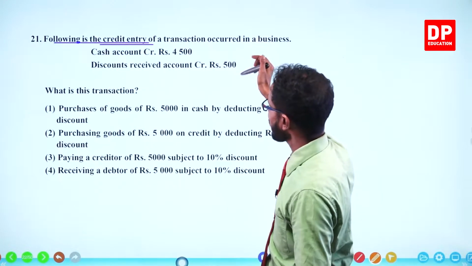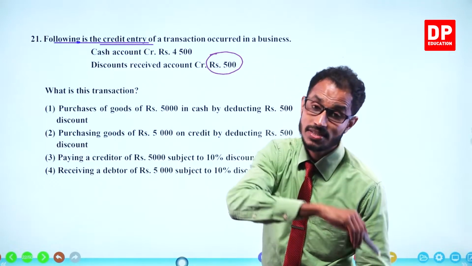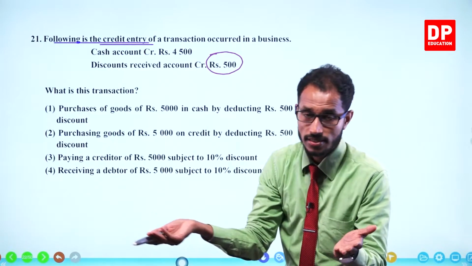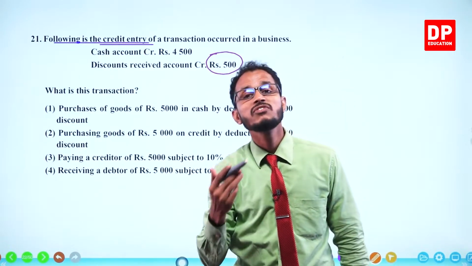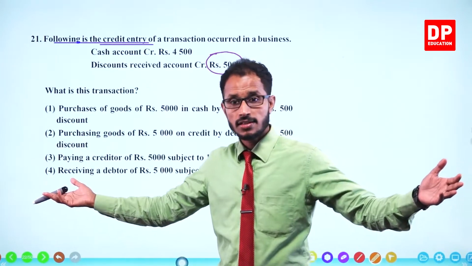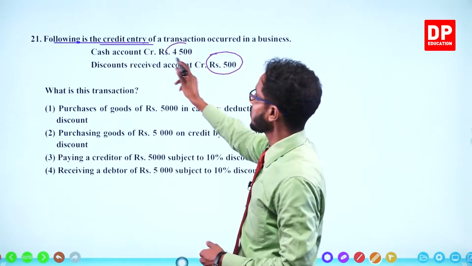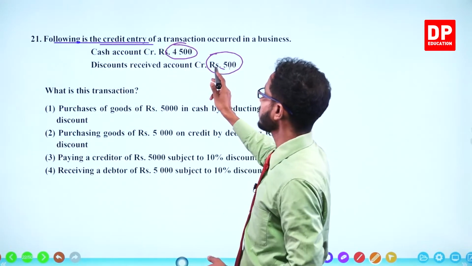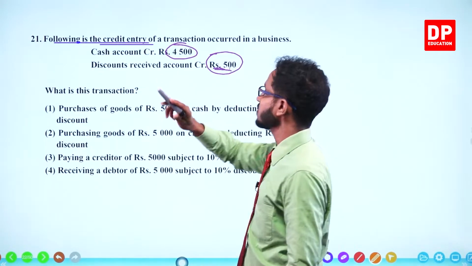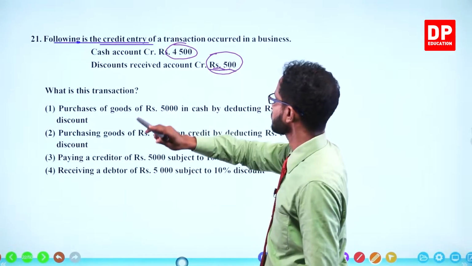But with a 500 discount deducted and 4,500 paid, that means we had to pay 5,000 to this supplier. We paid 4,500 and he deducted 500 as a discount. So that is the transaction.